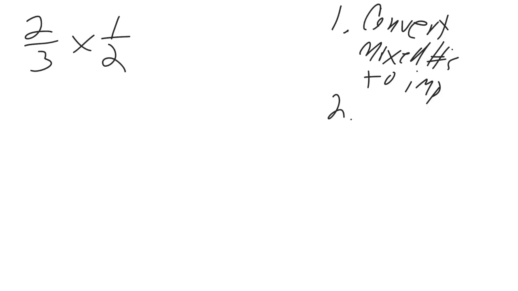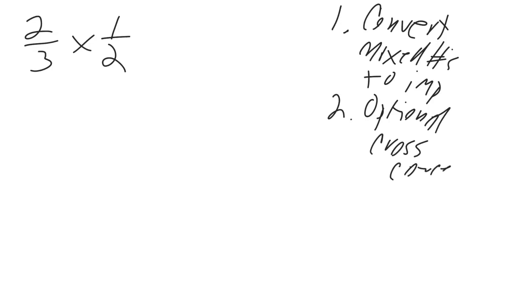Step two, which is optional, is to cross cancel. And we'll see that in a minute. Step three is to perform the operation, right? Because you always have to do whatever it is. So in this case, we're talking about multiplication. And then step four is reducing or simplifying.